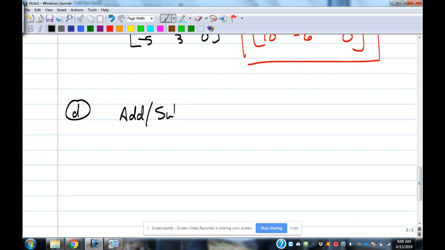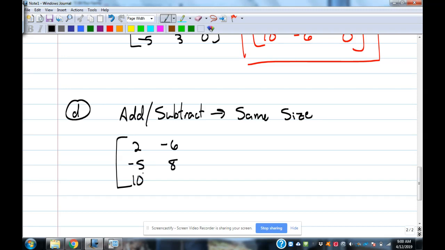So if we add and subtract matrices, what do we know from Algebra 2? They have to be the same size, exactly the same size. So if I take a matrix here, 2, -6, -5, 8, 10, -11, what size is that matrix? 3 by 2.